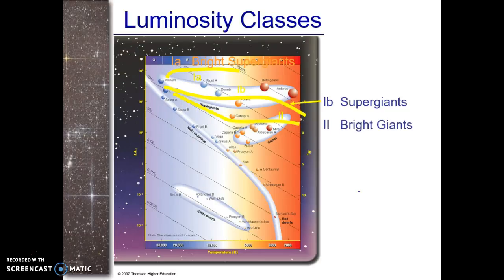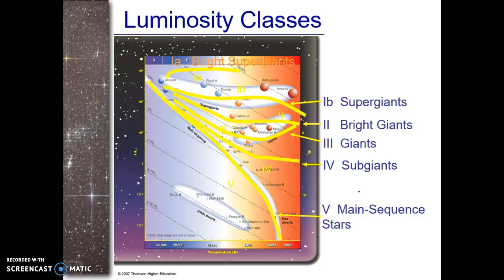Then you have your 2, which would be your bright giants, and Adhara would be an example of that one. Then you have your class 3, which would be your giants. Your class 4, which would be the subgiants. And then your class 5 would be your main sequence stars. And of course, an example of that would be the sun.